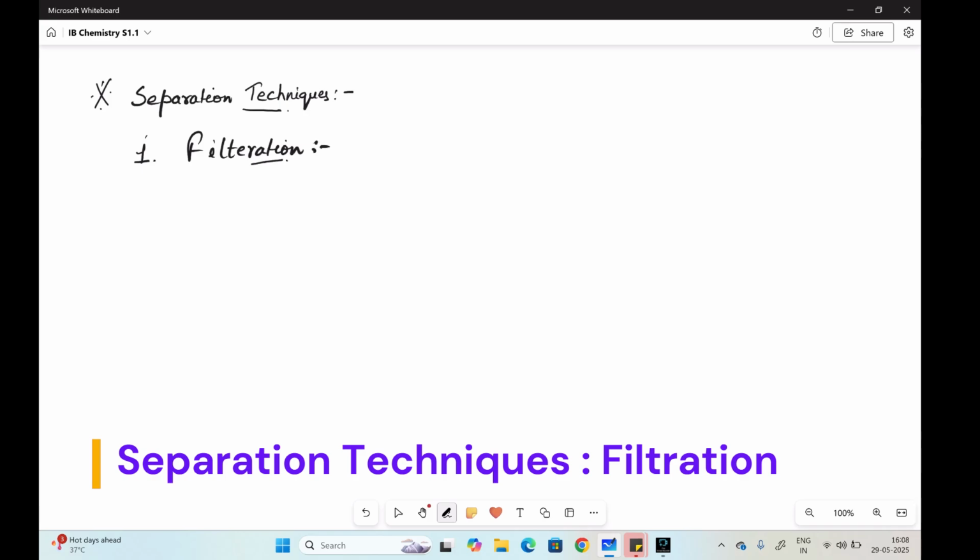A very basic separation technique, and this is used to separate undissolved solids in the water, right?